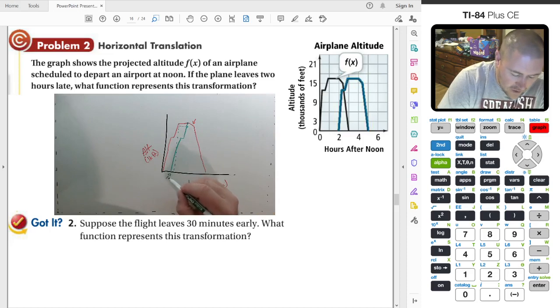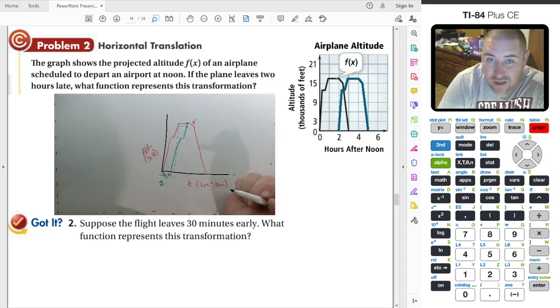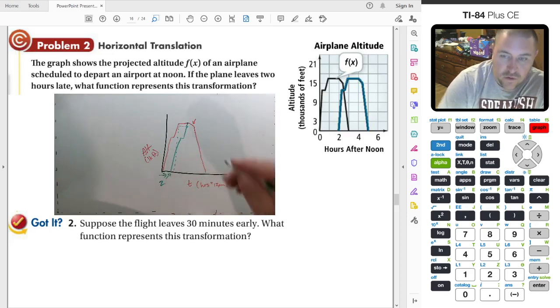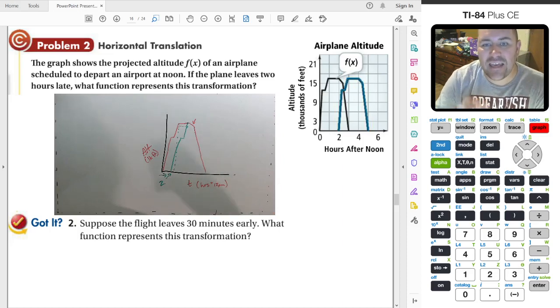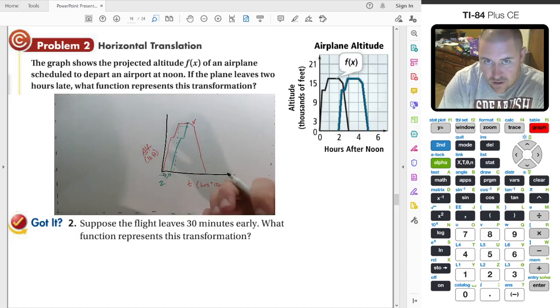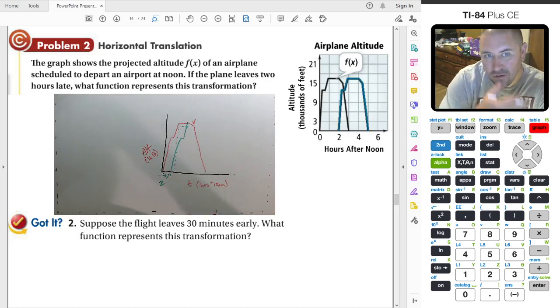I'm not going to leave until 2 hours later. So if I'm late, if I'm taking away time, it moves it to the right.